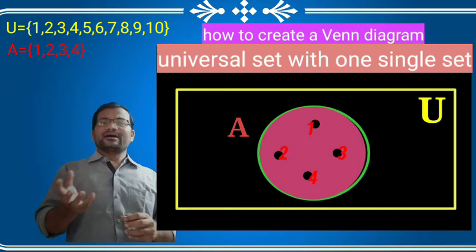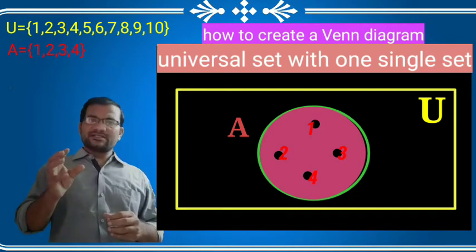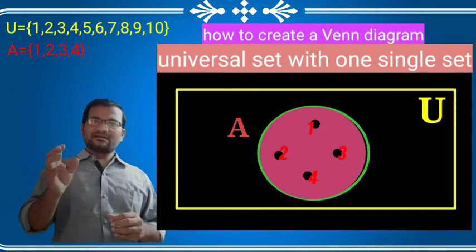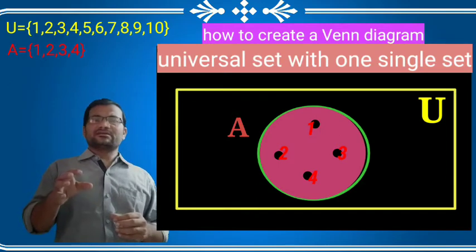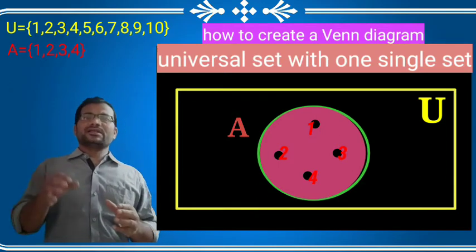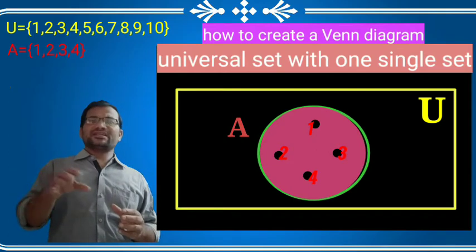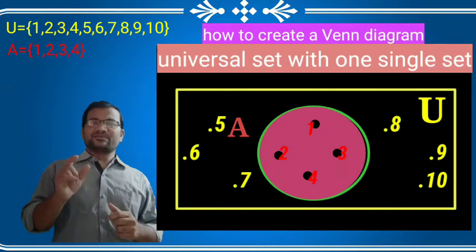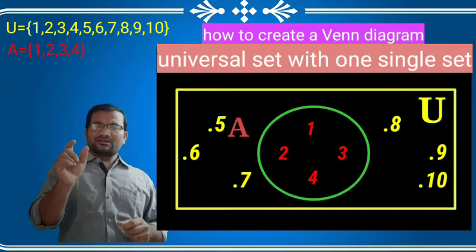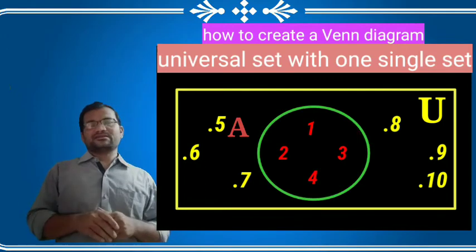Write all the other elements which are in the universal set, the remaining points, outside the circle but within the rectangle. This is the procedure for one set within the universal set.